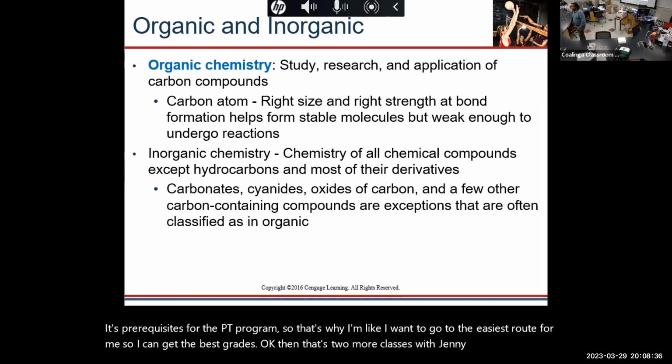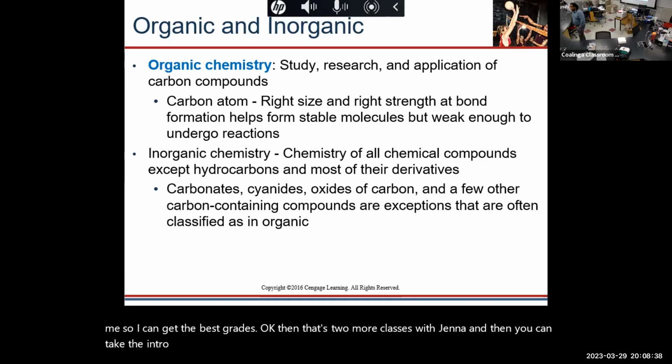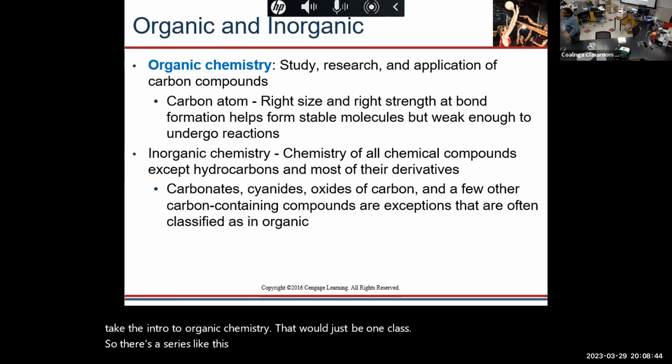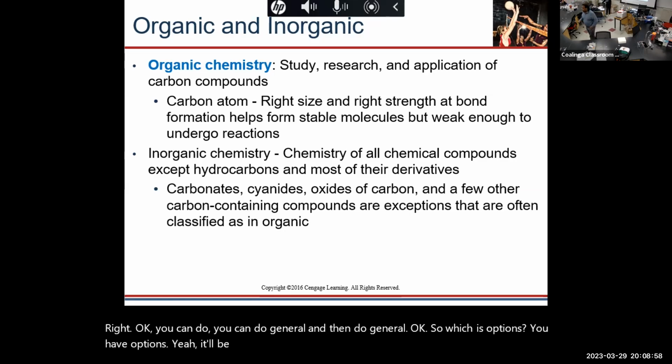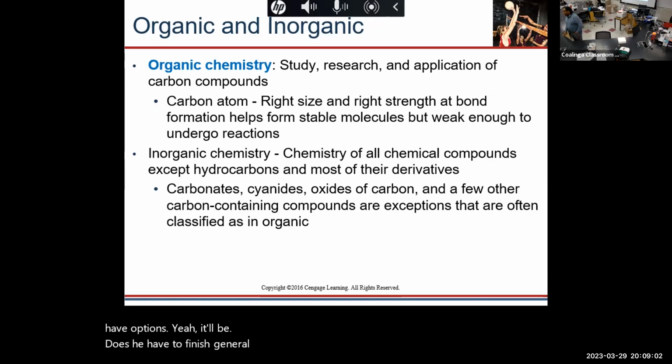And then you can take the intro to organic chemistry, which would just be one class. This is a series. You have options. It'll be a total of 4 classes, because you have to finish.